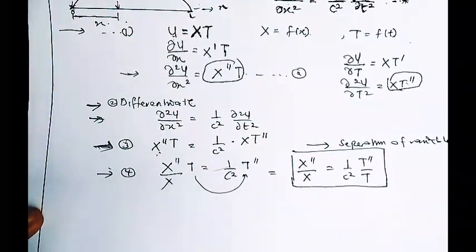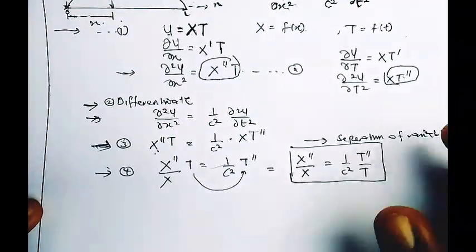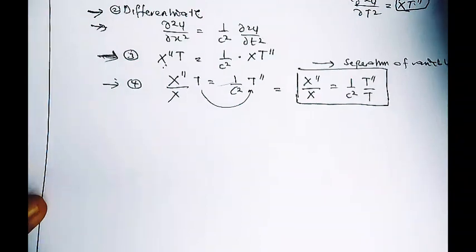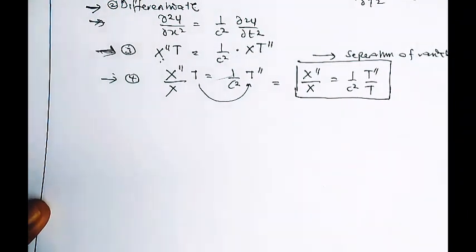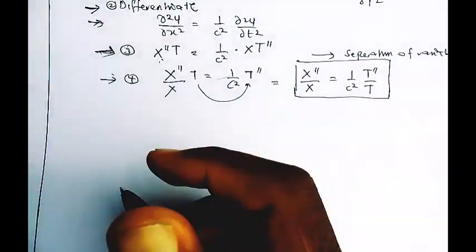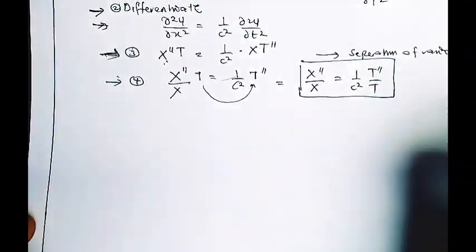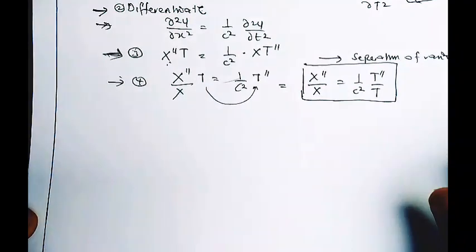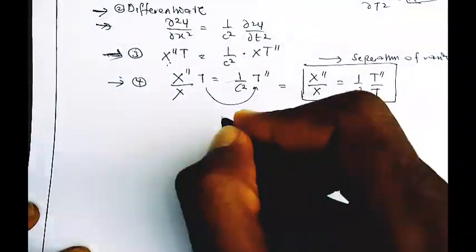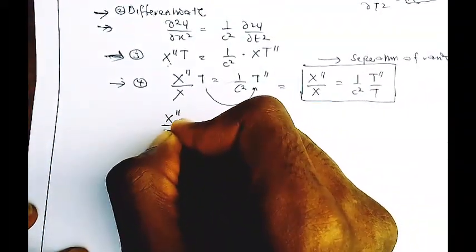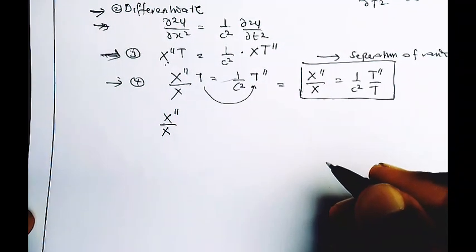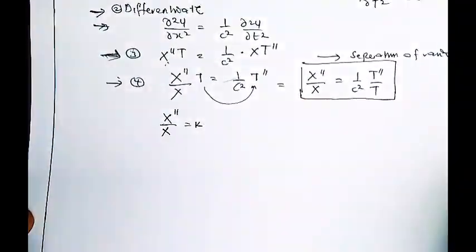So now, after we've attained this form, what do we do next? We're going to introduce a constant for both sides. For my left hand side, X prime prime over X, I assume it to be equal to k.